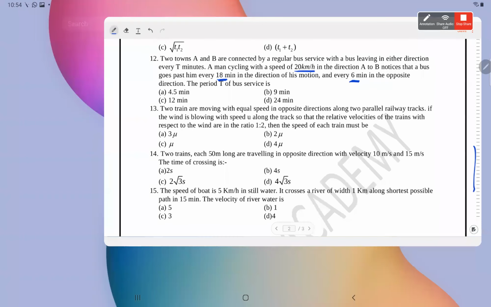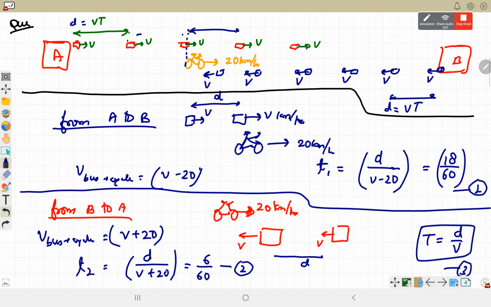Situation is clear. How did we make the equation? Priti, Ananya. Yes, sir. Okay, solve it further.